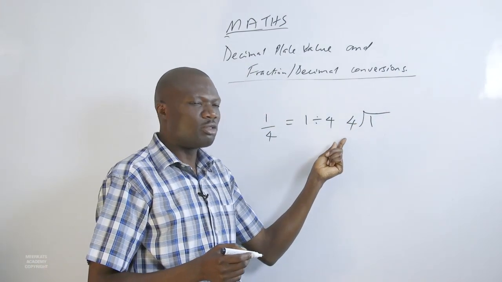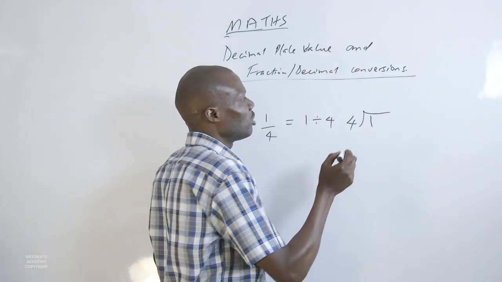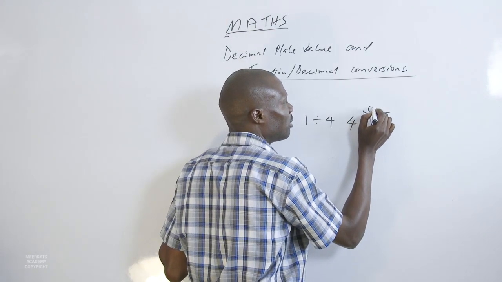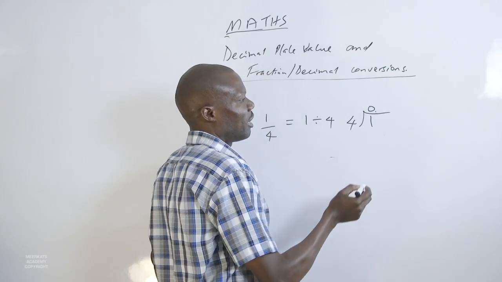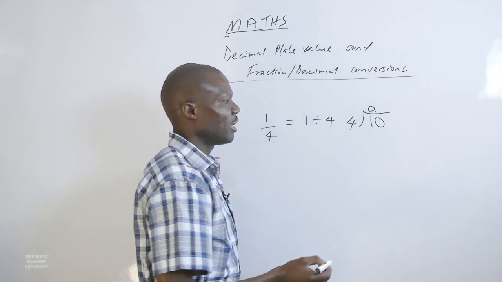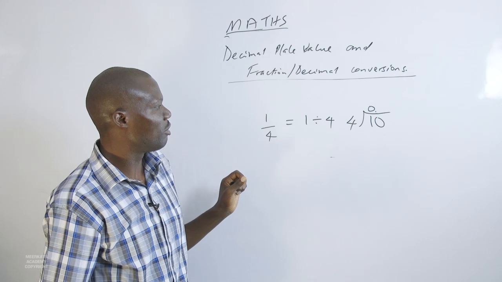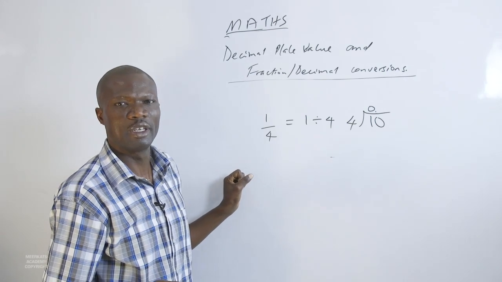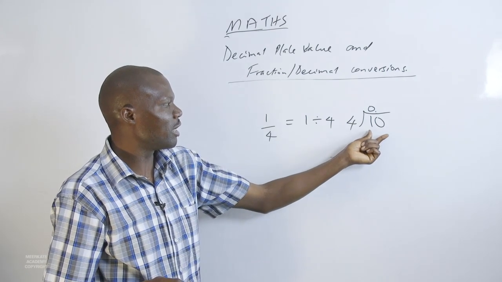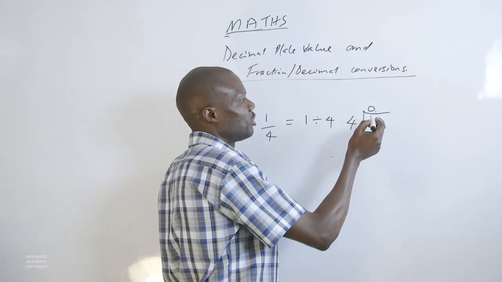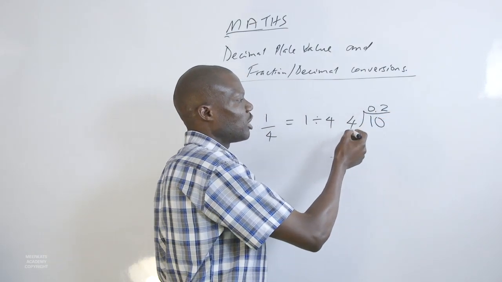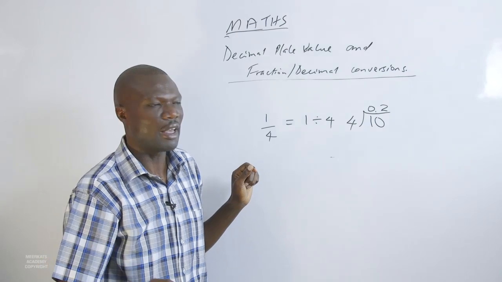So 1 into 4 is not possible, so we shall put a 0 and add a 0 there for 10 to be 10, and then 10 divided by 4 is 2. 2 times 4 is what? 8.